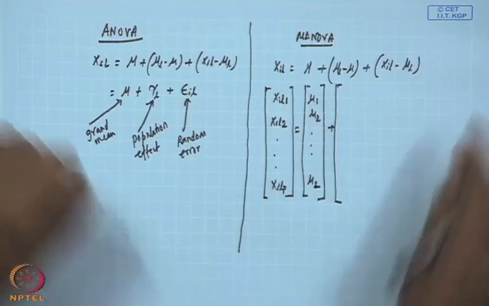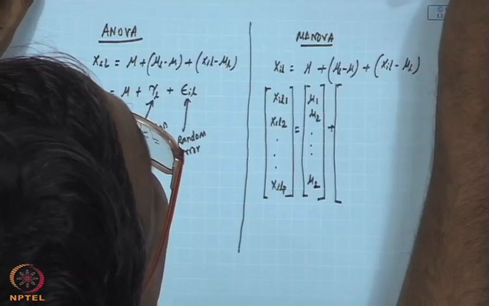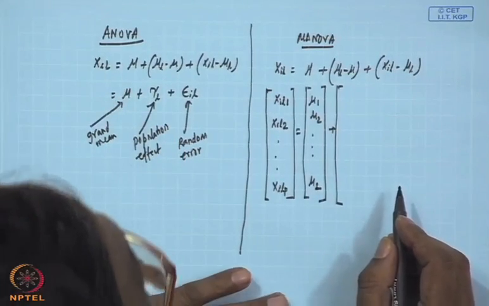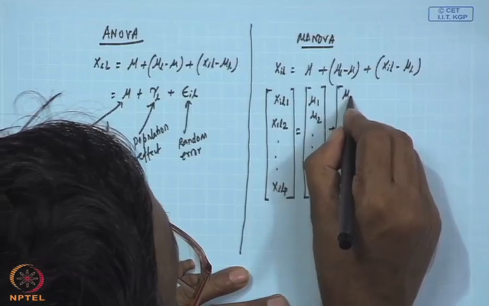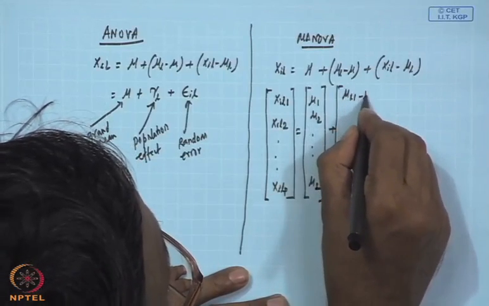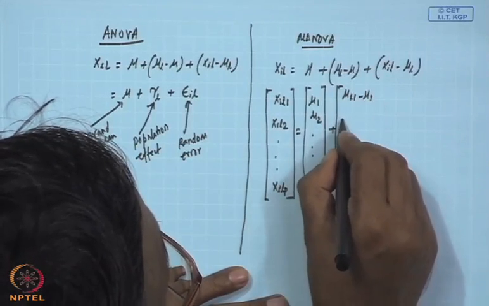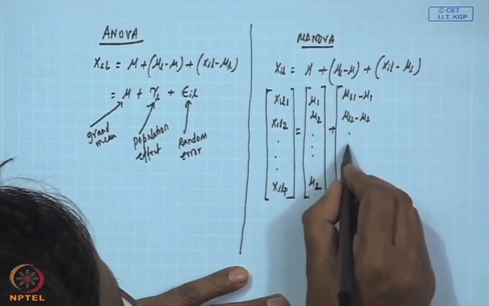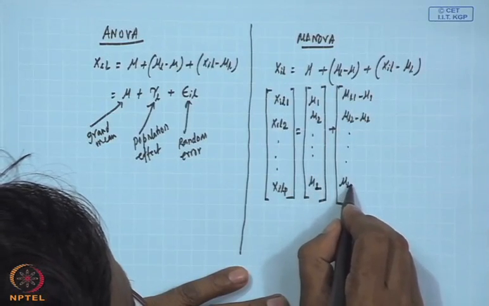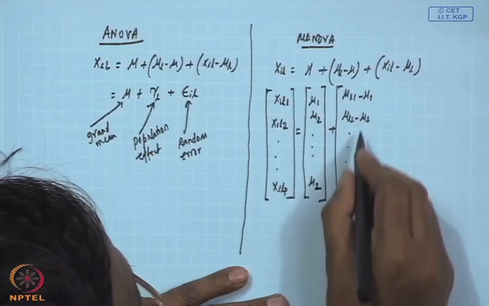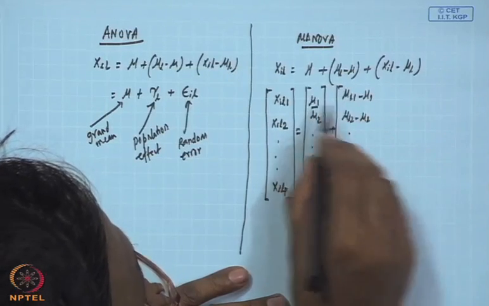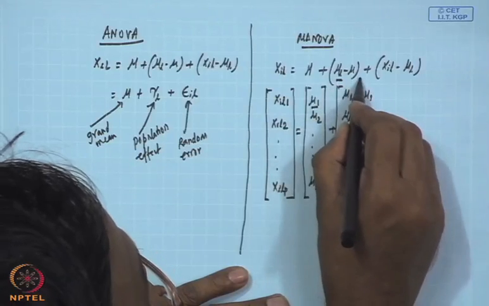If we write like this, I think earlier we have written mu L1 minus mu 1, mu L2 minus mu 2, in the same manner up to mu Lp minus mu p.